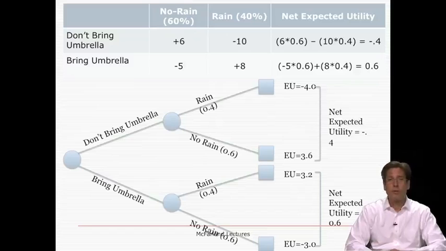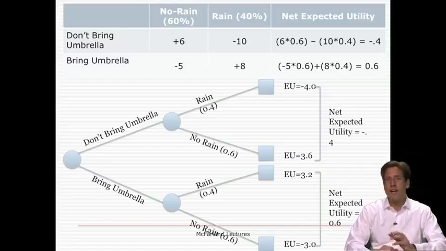Very soon it's going to be the rainy season in California, and we call this winter. It dips down to about 60 degrees Fahrenheit, and it rains quite a bit. Because we're so tough, we always worry about whether to bring an umbrella or not. So let's say on a particular day there's a 40% chance of rain, and we have to decide between bringing an umbrella or not bringing an umbrella.